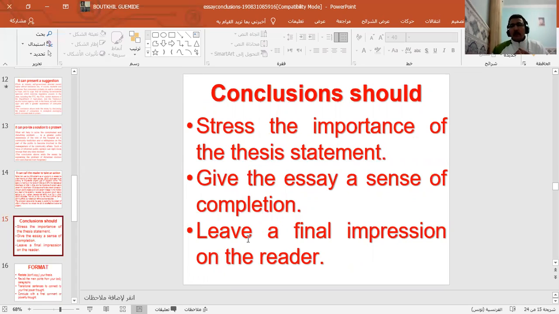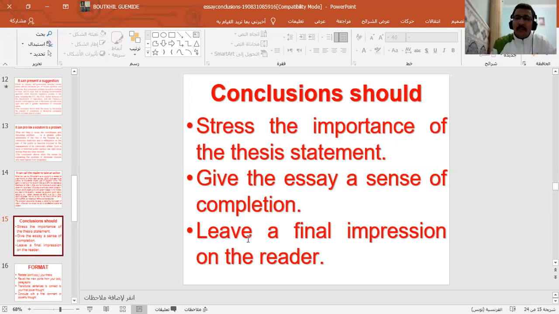The link between conclusion and introduction is the restatement of the thesis, meaning the introduction introduces the main idea, and the conclusion restates the same main idea introduced in the introductory paragraph and discussed and analyzed broadly in the body paragraphs.